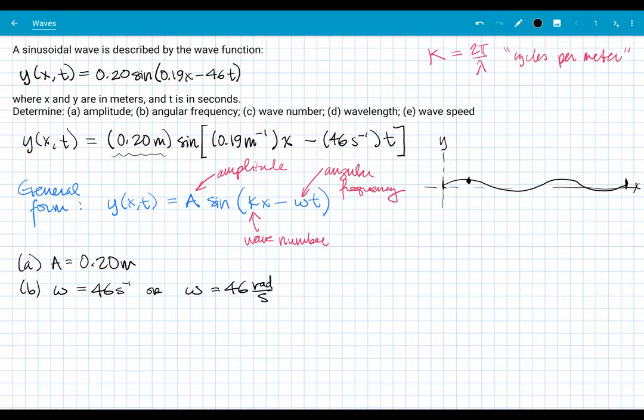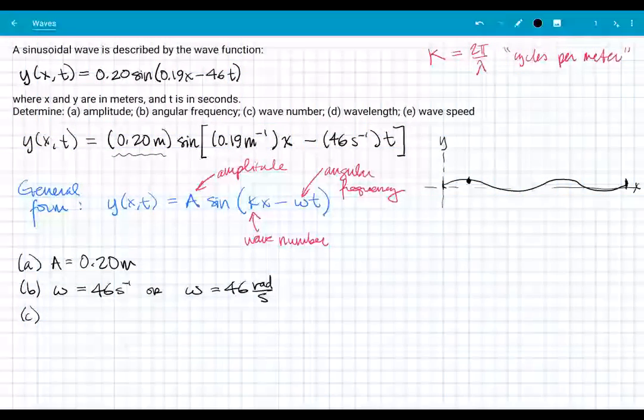If it helps you to keep the quantity straight, keep the radians in there. Radians are dimensionless, so what that really means is that we express them when they're useful and we don't express them when they're not useful. Usefulness can be about you and how you're interpreting these quantities. So 46 radians per second. You'll see it written both ways, so I want you to be okay with it both ways. But when you have a choice, choose what makes most sense to you.